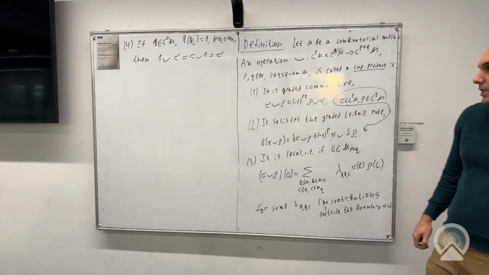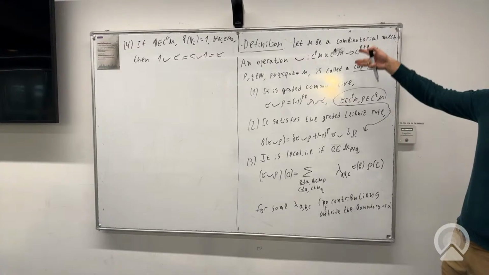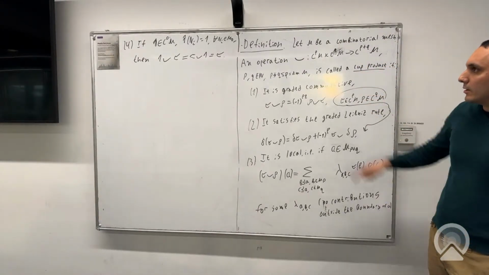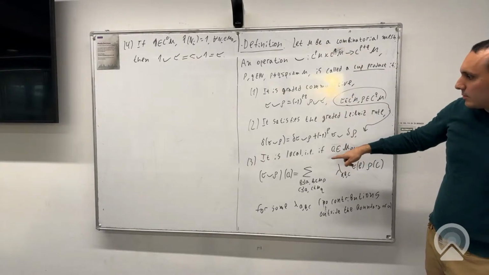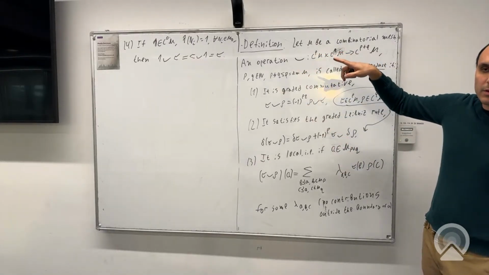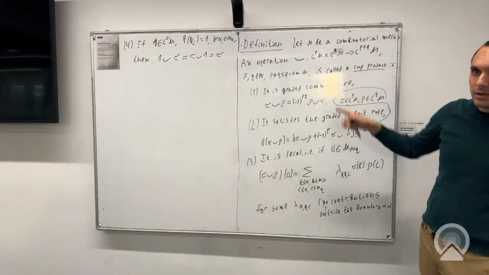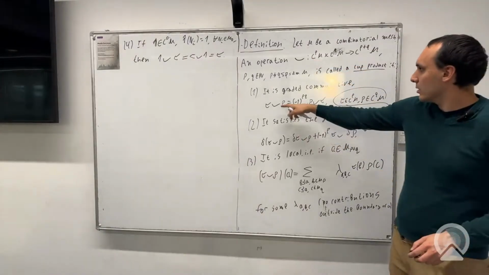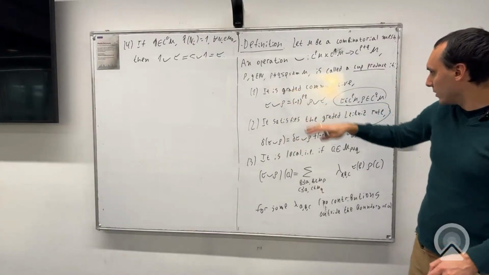So this is what a cup product should have as properties. All the properties for 1, 2, and 4 are the same as for the wedge product and the exterior derivative. They are related with these properties here. This is the graded commutativity. We have graded Leibniz.